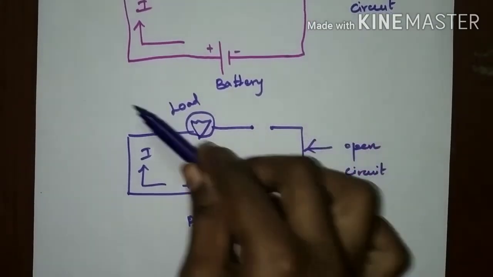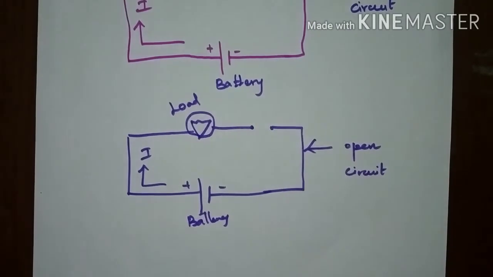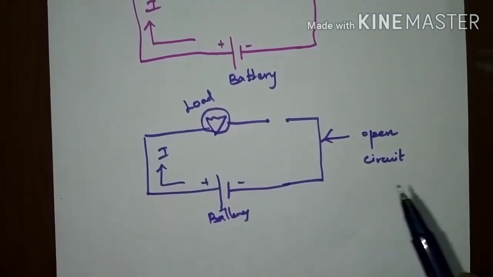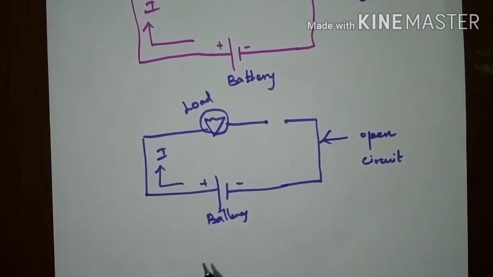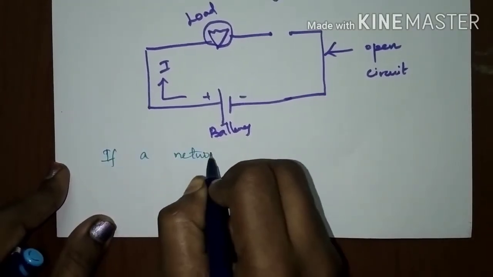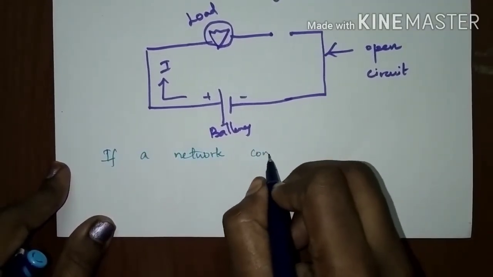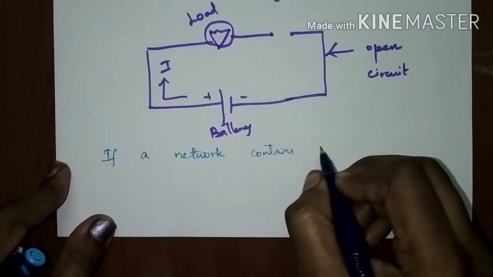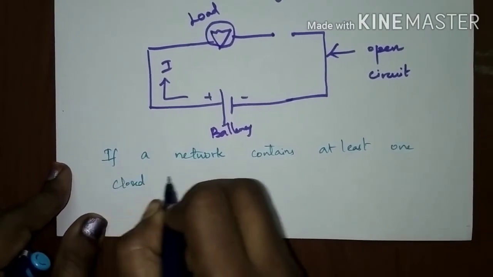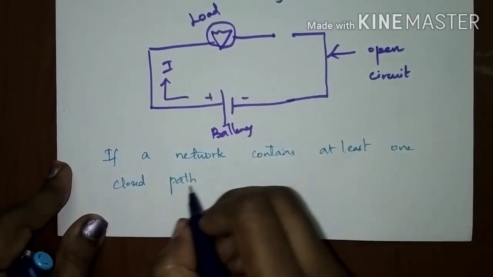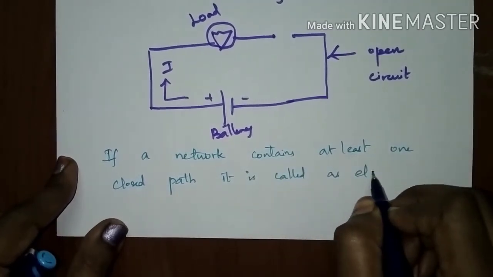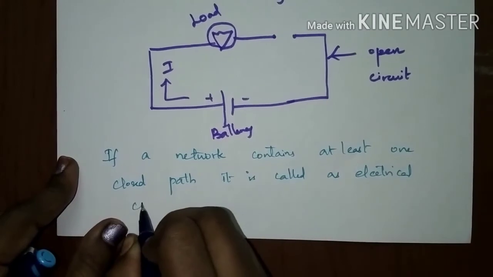If the current completes a closed path in the circuit, then that circuit is termed a closed circuit. In a network, a collection of electrical components with connecting wires, if it contains at least one closed path, then that closed path is termed an electrical circuit.